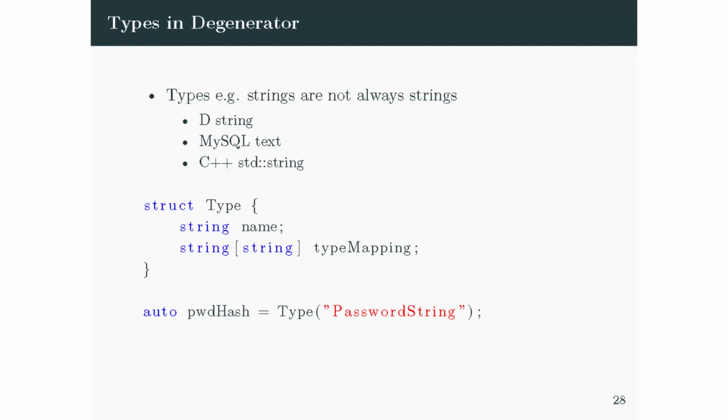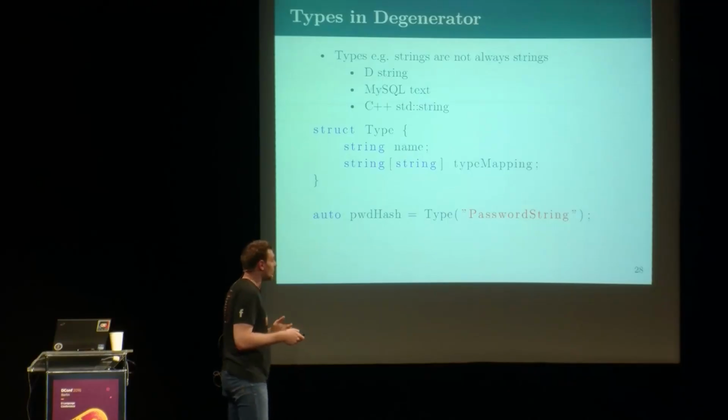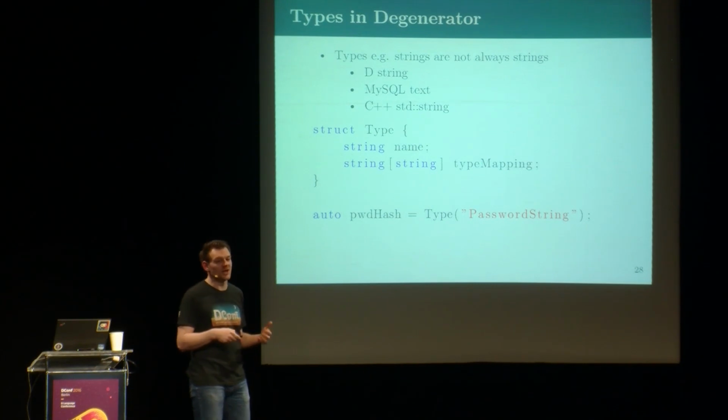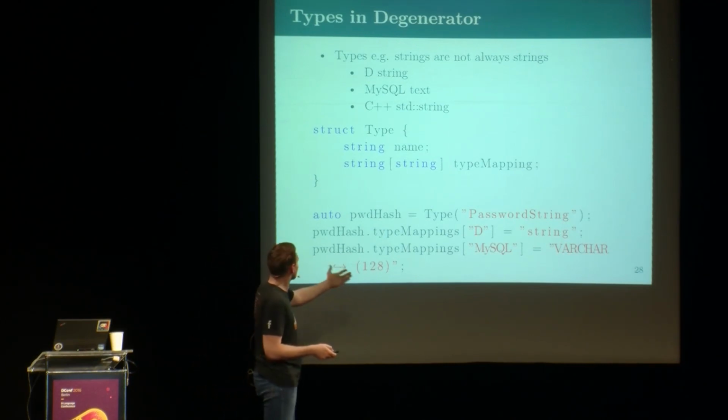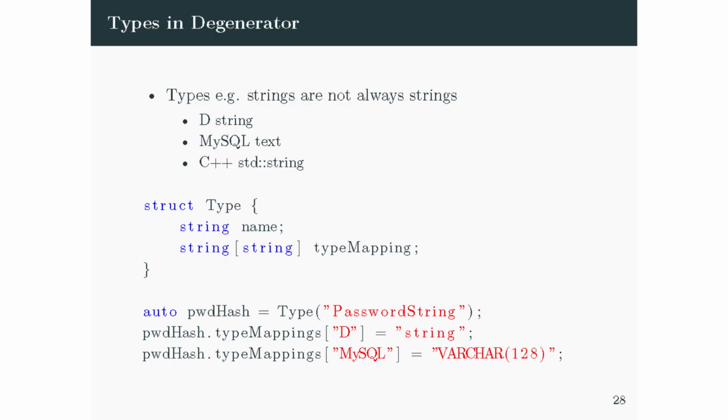So if we, for instance, wanted to create a password string of a given size, because we know what hash functions we are using and how big the hash is going to be, we can simply say on the D side, it's the string. On the MySQL side, it's a varchar of 128 characters. And this, again, allows us then in the code generation to use the appropriate types for the appropriate technology, which we have defined here.